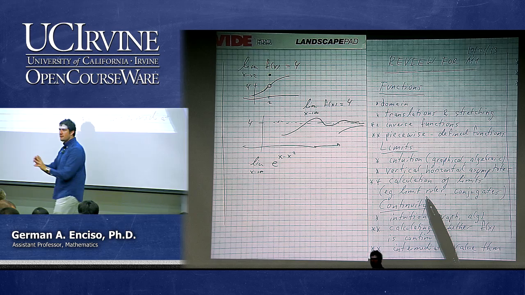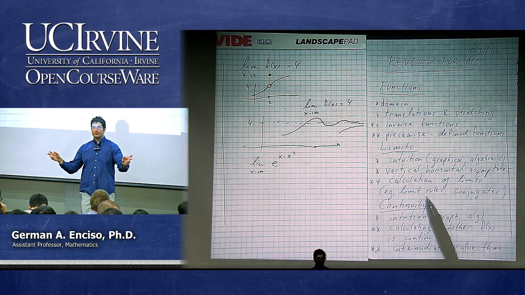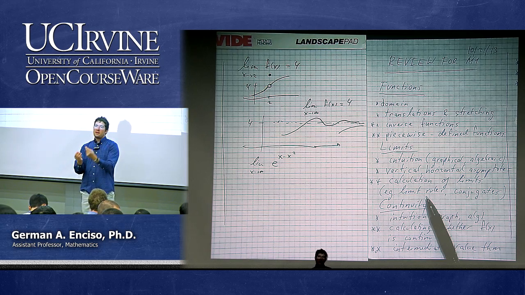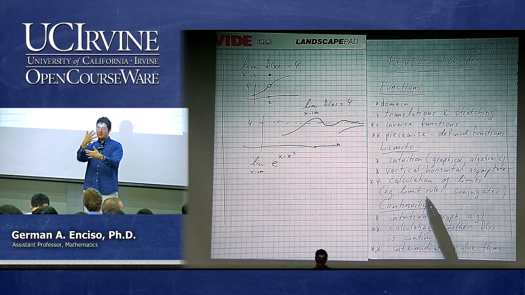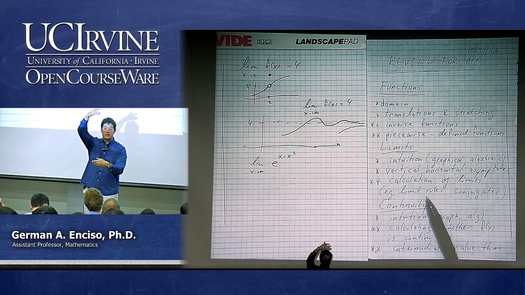In other words, if you have the limit of a sum, you can break it down into two simpler limits. Okay? That's the first rule. The second rule is very similar with minus. There's a third rule. If I have a quotient of f divided by g, then the limit of that is equal to the limit of the top divided by the limit of the bottom.